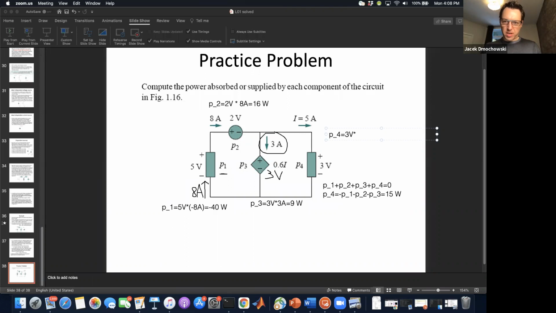So 3 volts times 5 amps is equal to 15 watts. Okay. So that concludes this. First of all, are there any questions on this problem? Okay.